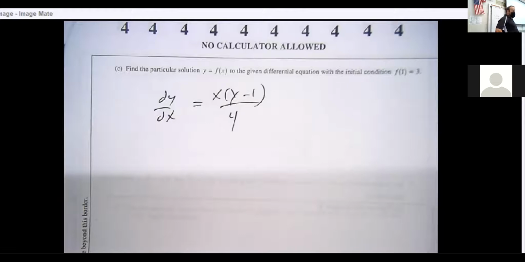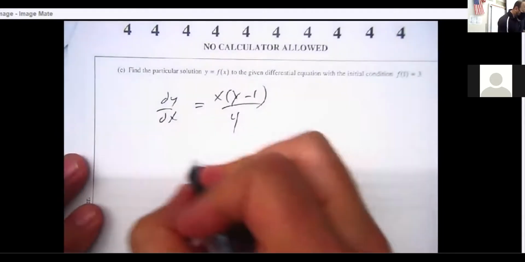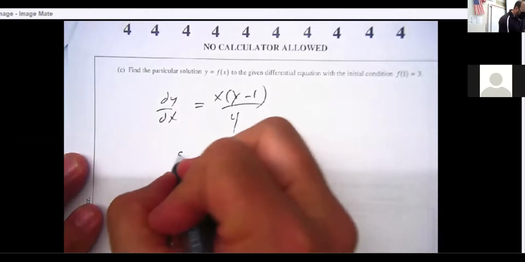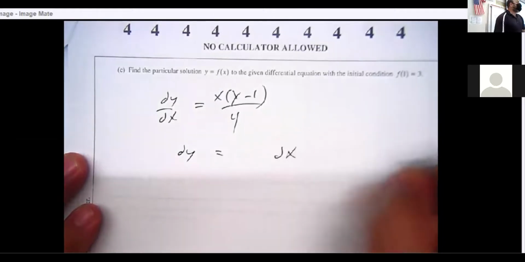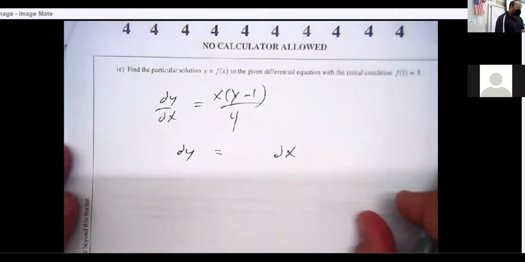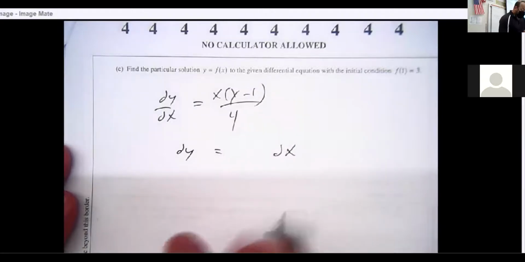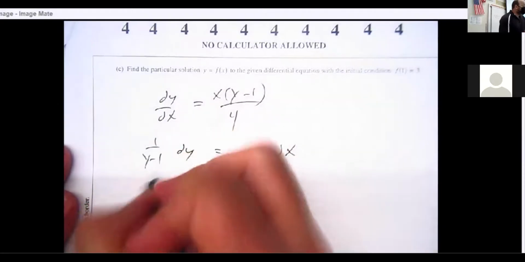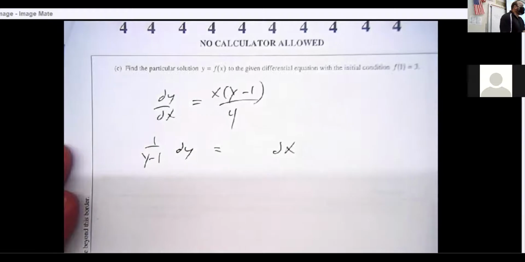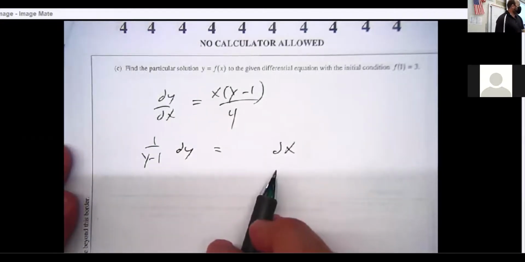Okay, so that's really critical that you separate. So what is going to be on the dy side and what's going to be on the dx side? Who can help me with what's on the dy side? It's going to be 1 over y minus 1, or (y minus 1) to the minus 1. That's fine too.